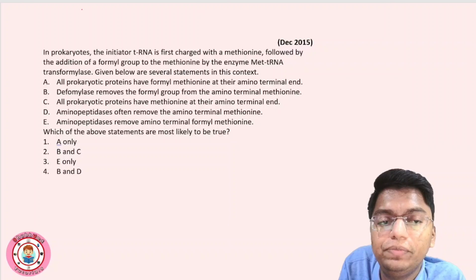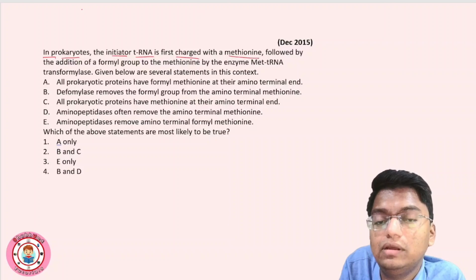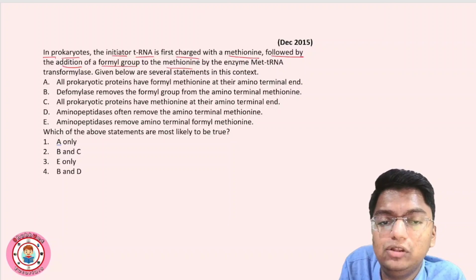Next question. In prokaryotes, the initiator tRNA is first charged with methionine. Okay, we know this. Followed by addition of a formyl group to the methionine by the enzyme methionine tRNA transformylase. Given below are several statements in this context. All prokaryotic proteins have formyl methionine at their amino terminal end.